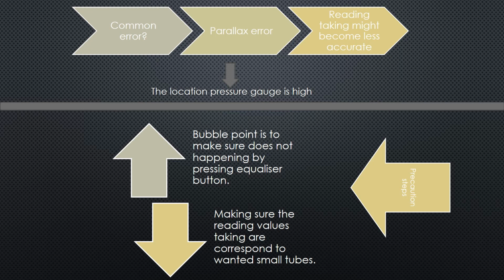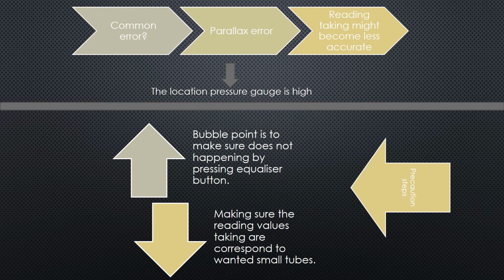There is an error that cannot be avoided when carrying out this experiment. The parallax error happens where some of the pressure gauges are set to higher places, causing the reading value to become less accurate. Precaution steps are taken: before reading the value of pressure drop, it is needed to make sure that there is no bubble in the pipe by pressing the equalizer button.